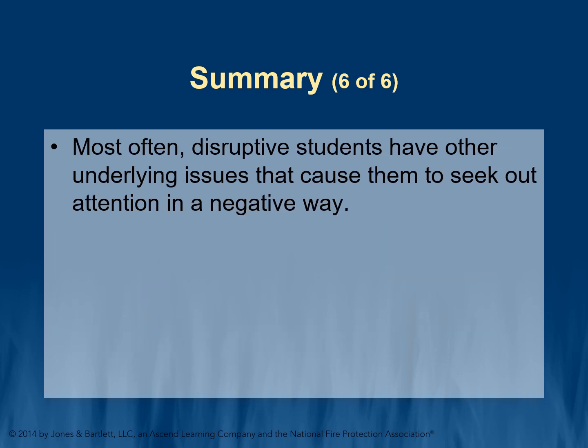And most often, with disruptive students that we encounter, there is another underlying issue that is causing them to seek out attention in negative ways. Oftentimes, we can spend a little bit of time talking to them and steer them in the right direction for the class. And unfortunately, in the times that we cannot, we need to be prepared again to stand our ground, and we may need to dismiss somebody from our class.